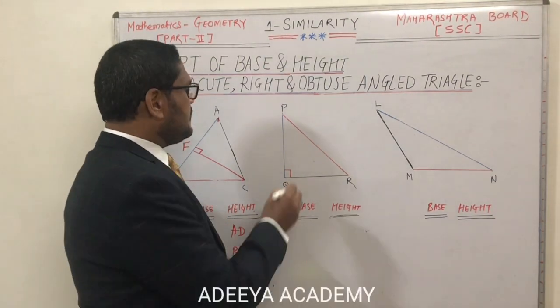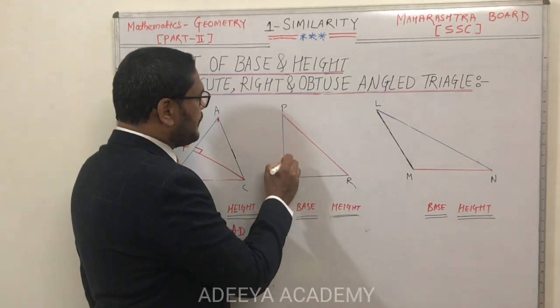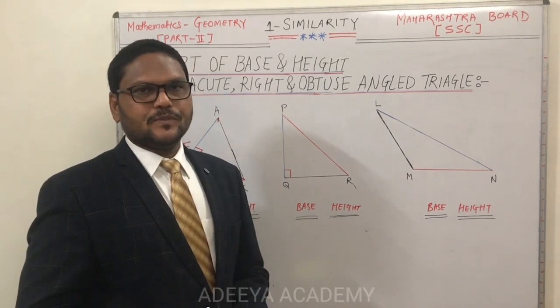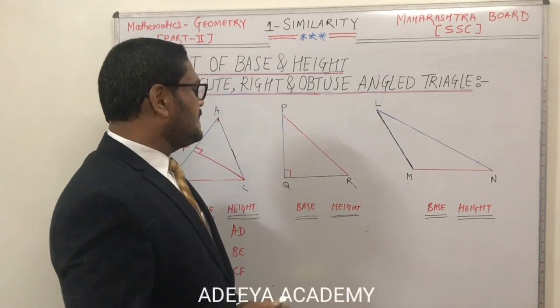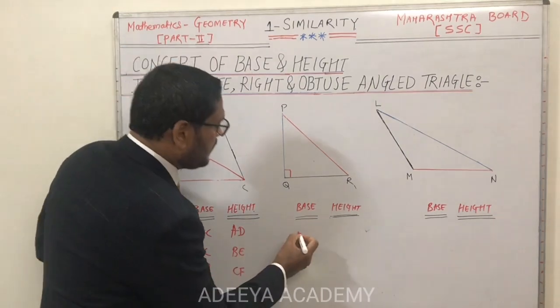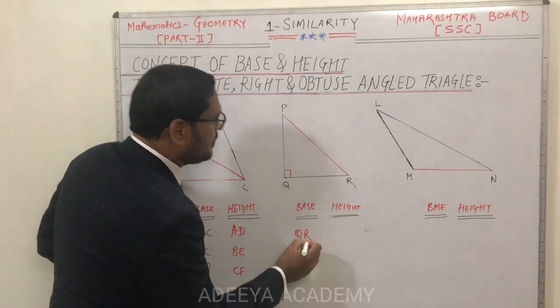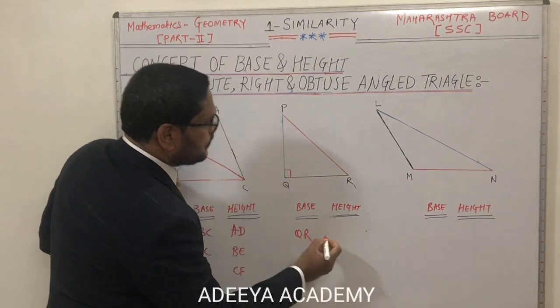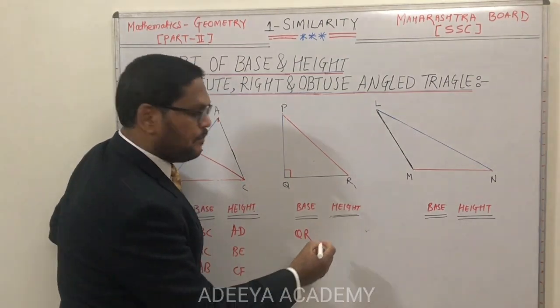Okay, but there is already a perpendicular PQ. So we can say that QR is a base and its corresponding height is PQ.